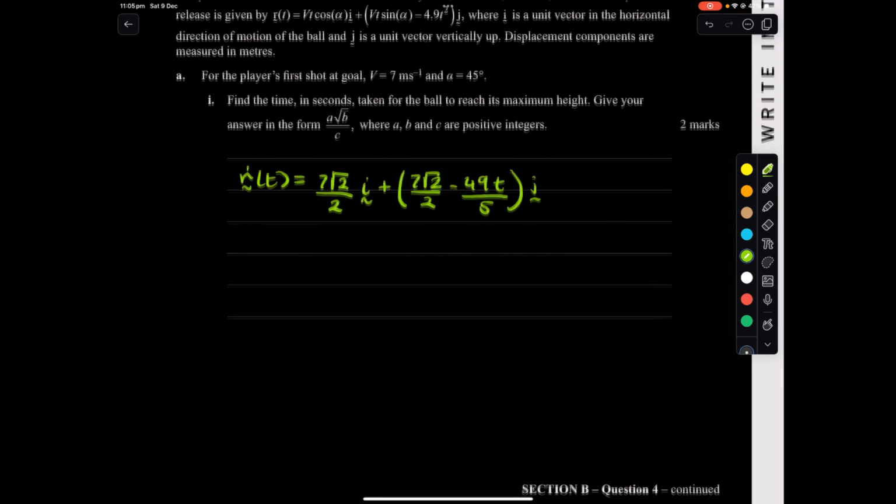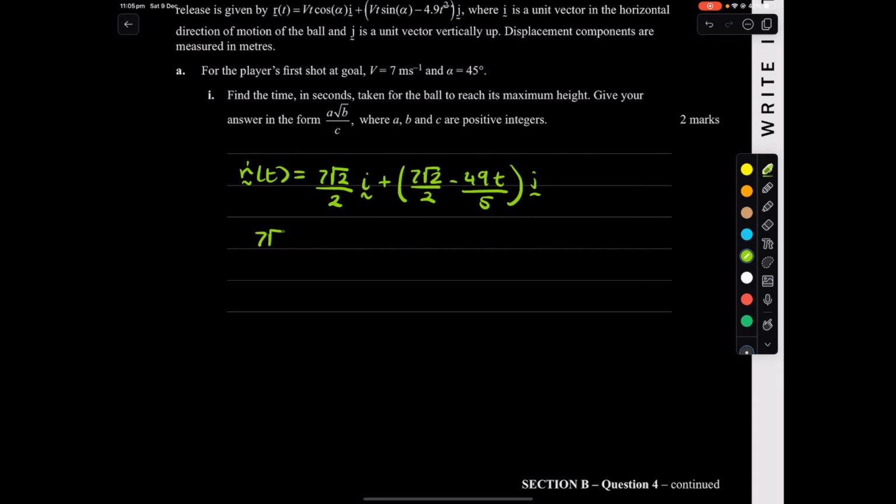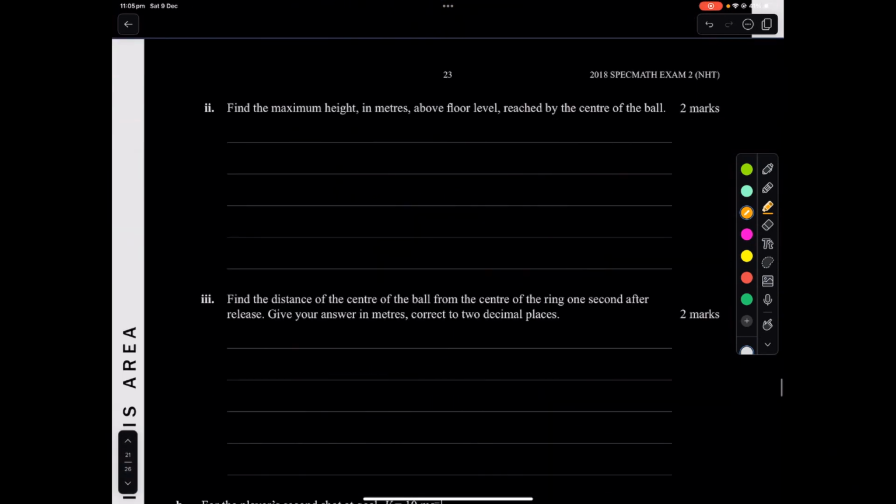And we said that the j component equals 0, so 7 root 2 over 2 minus 49t over 5 should equal 0. Hence t is equal to 5 root 2 over 14, which is the same as our expression here. That's it. Find the maximum height in meters above the floor level, reached by the center of the ball.